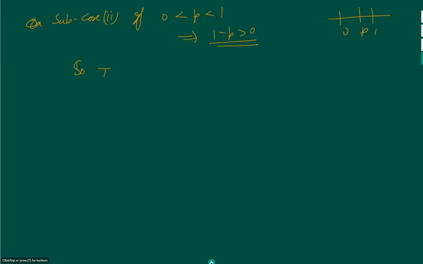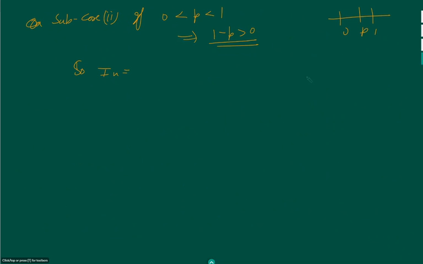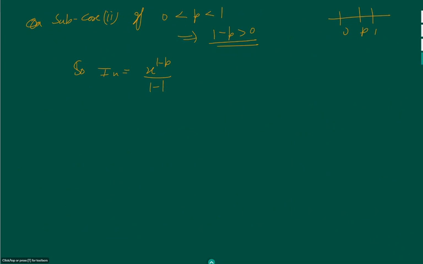So our I_n that we calculated on the previous page is x raised to the power 1 minus p over 1 minus p from 1 to n. So this would be equal to 1 over 1 minus p times n raised to power 1 minus p minus 1, where 1 minus p is positive.